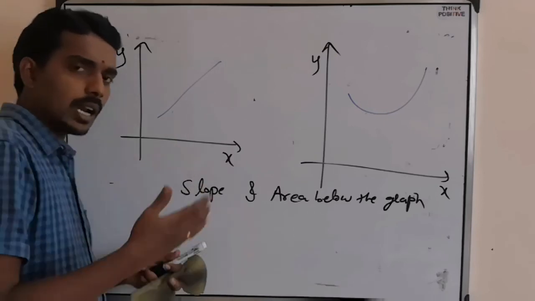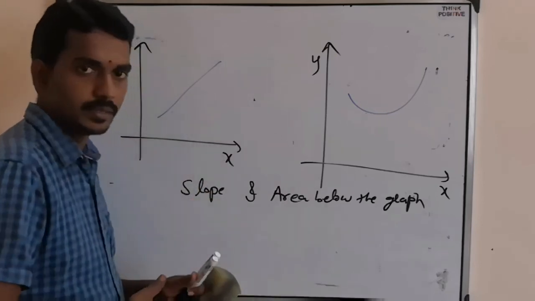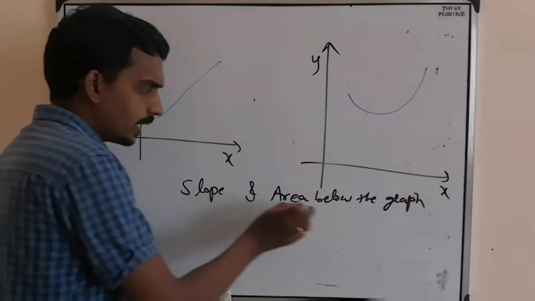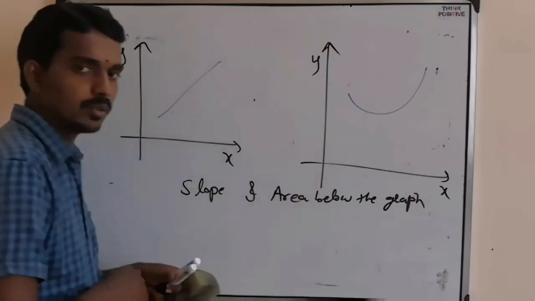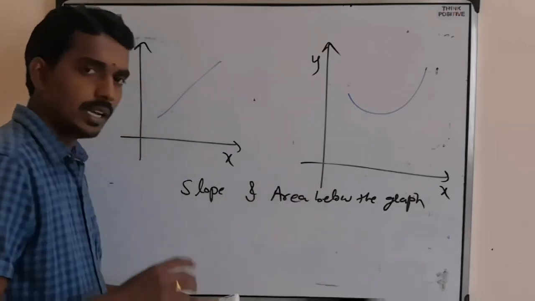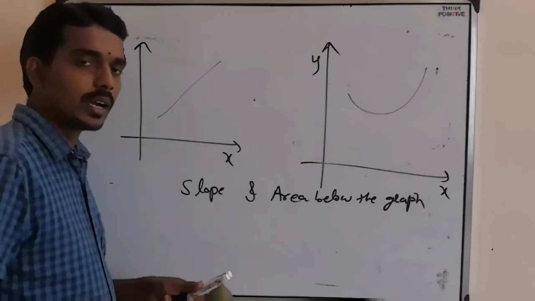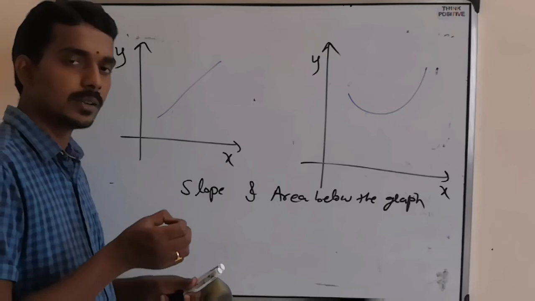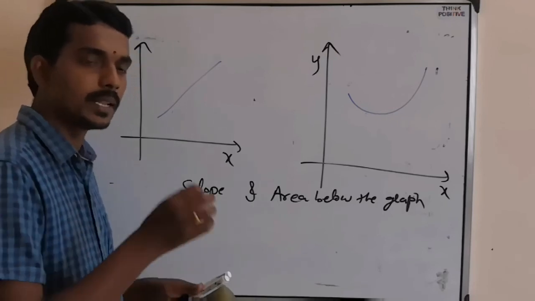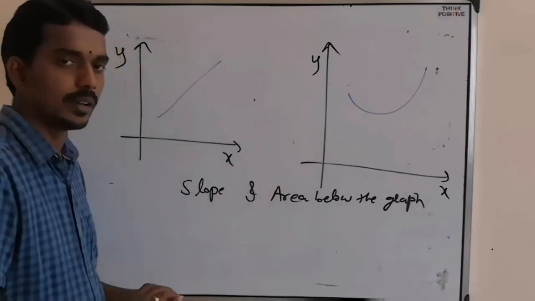Types of graphs and all we will study later. But here we will study mainly slope and area below the graph. What is the meaning and what is the way to understand the application of differentiation and integration related to graphs?